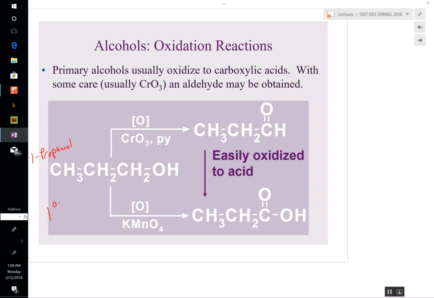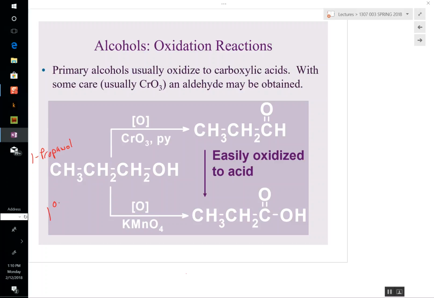We can take a mild oxidizing agent like that, chromate, mild, and oxidize it to an aldehyde. There's an aldehyde. Or we can take a strong oxidizing agent and oxidize it to a carboxylic acid.